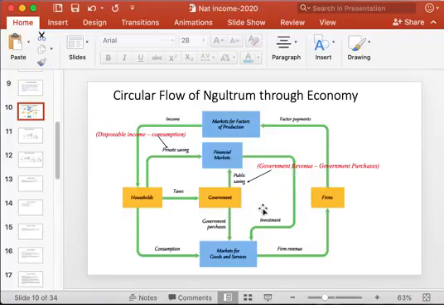There are the key players here, the household, government and firms, and there are the different markets where the transactions actually happen.